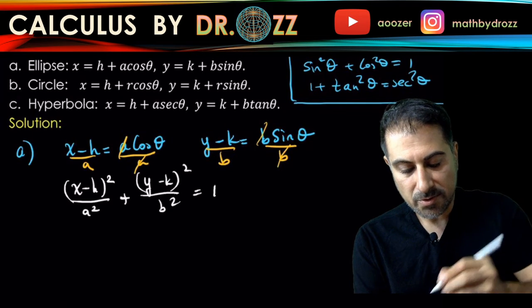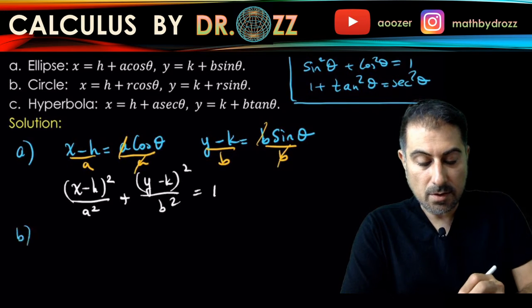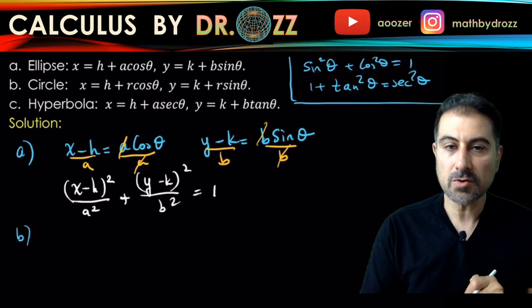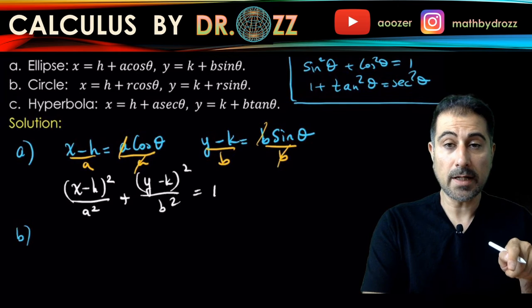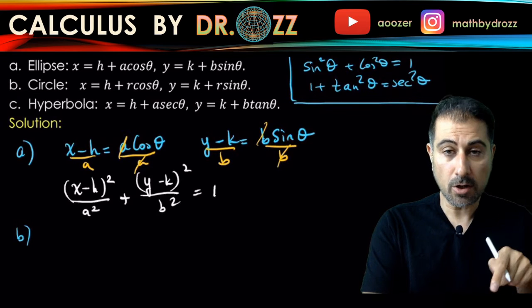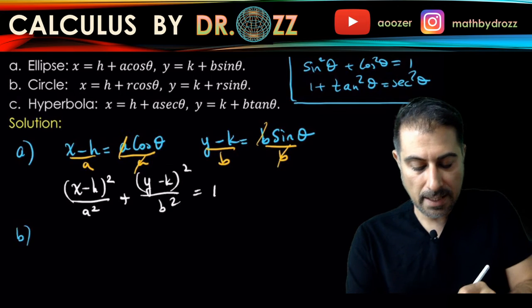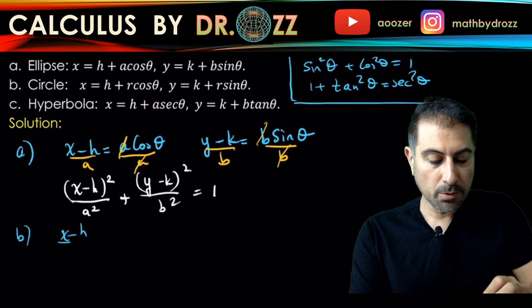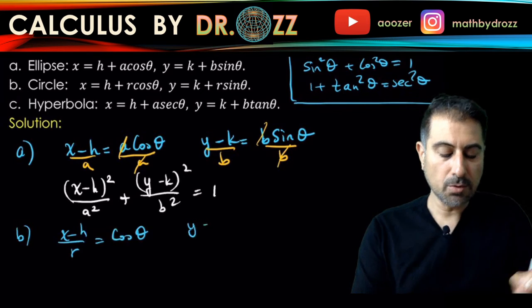Let's apply the same strategy for part B. Let's do this in one shot. Let's subtract h and k from both sides, and then divide both sides by r. You will have (x minus h) over r equals cosine theta, and (y minus k) over r equals sine theta.